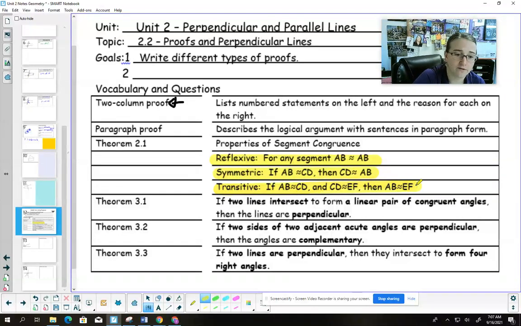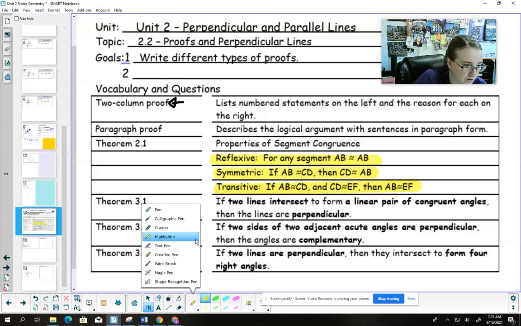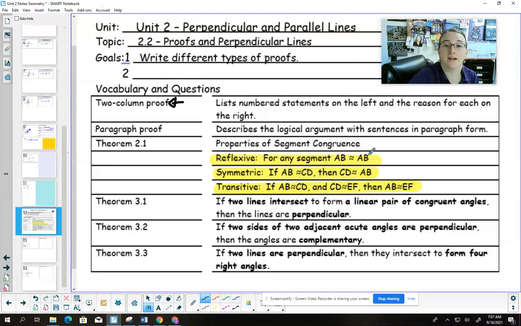Transitive property is a bit more confusing. What I like to do for transitive property is think about it like a train, a transitive train. We have if AB equals CD and CD equals EF. Notice they are both equal to CD, so CD is connecting them.